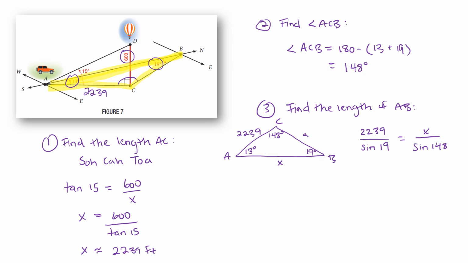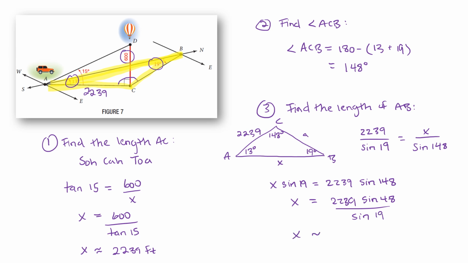When we cross multiply, we have sine 19 times x equals 2,239 times the sine of 148. So x equals 2,239 sine 148 divided by sine 19.